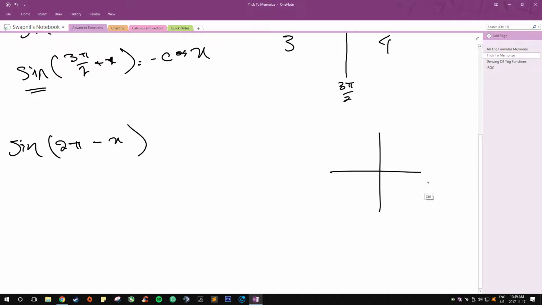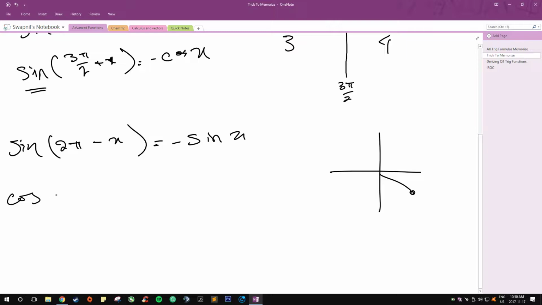Well, 2 pi is right here, and then minus x would be 2 pi, since you're going this way, minus that would be a little bit this way, so 2 pi minus x would be somewhere over there. Now you see, okay, this is the fourth quadrant, so sine in the fourth quadrant is negative because it's under the x-axis, and since this is not a fraction, you take the function itself, you don't take the cofunction. So this would be negative sine x, because sine in the fourth quadrant is negative.